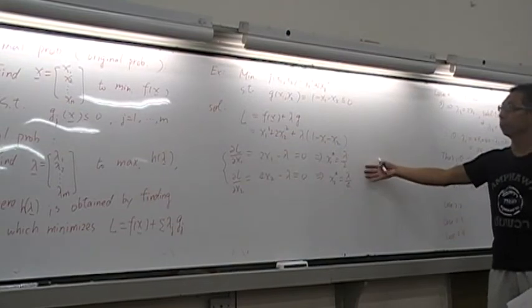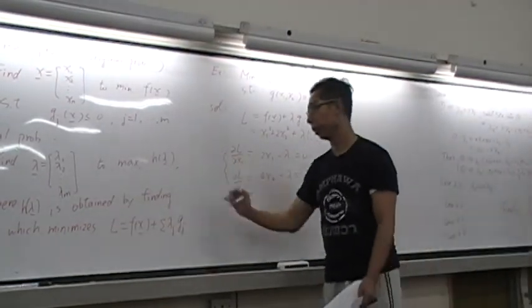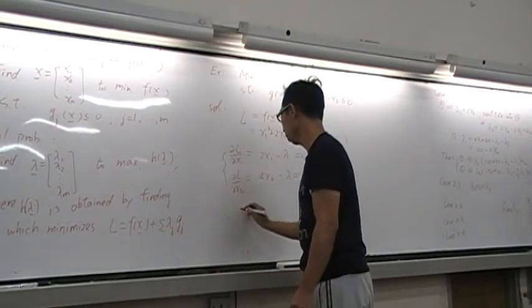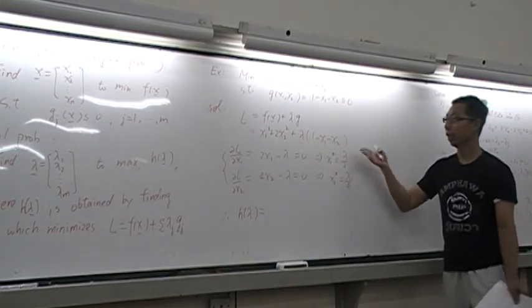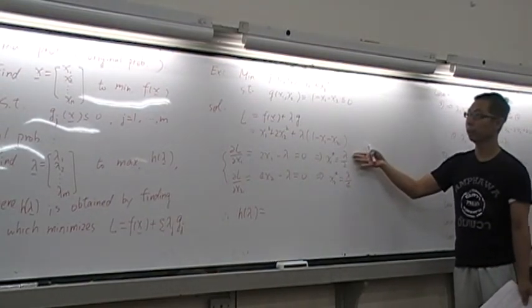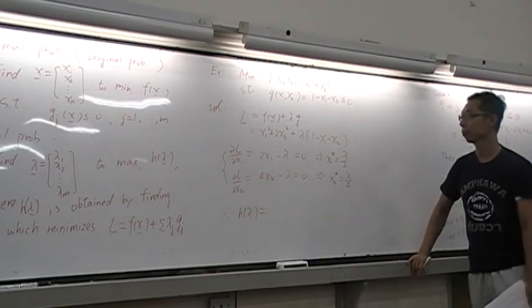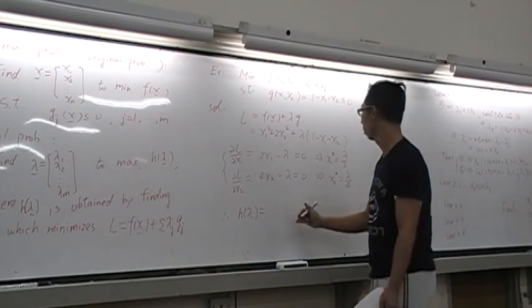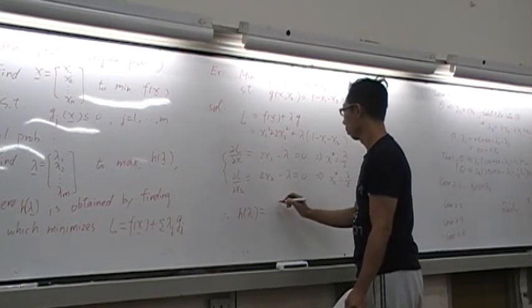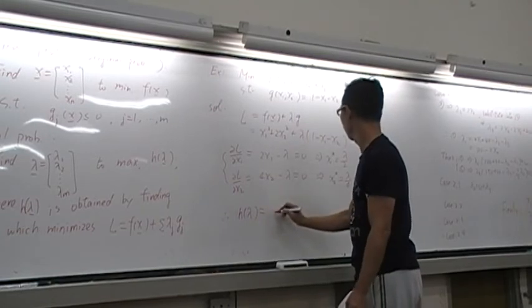And if you plug this back in the Lagrange function, you can get h. So in this way, h of lambda is found by plugging in x1 star and x2 star, right? Because right now it's a function of lambda.